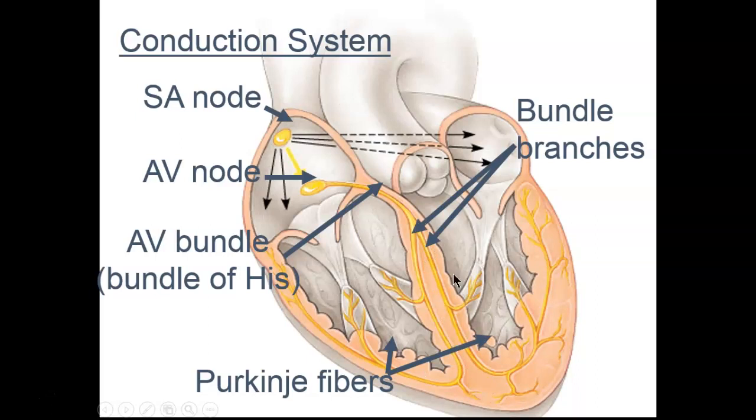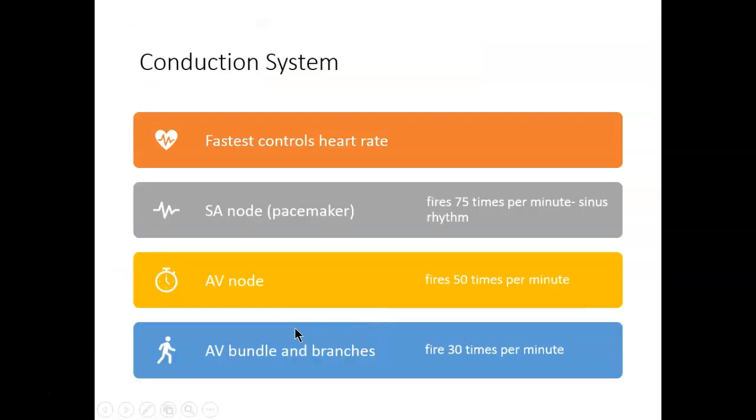But it can't go back into the atria because your AV valves are closing. But as the pressure of the blood pushes against the aortic and pulmonary semilunar valves, those valves open and blood leaves the heart. So far, so good?